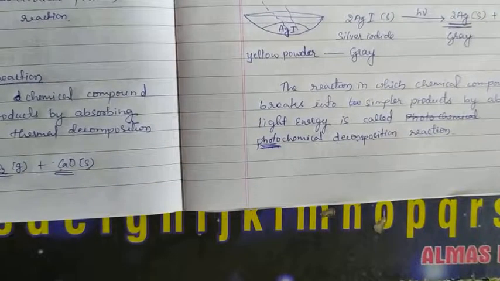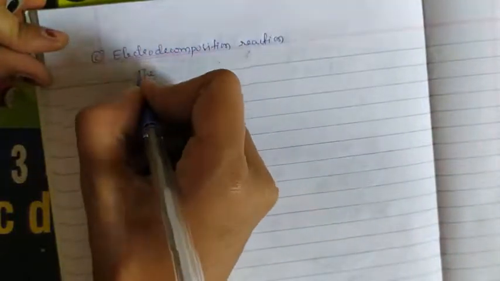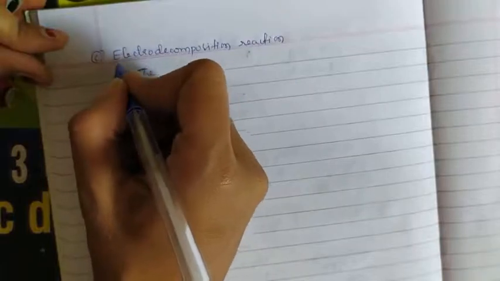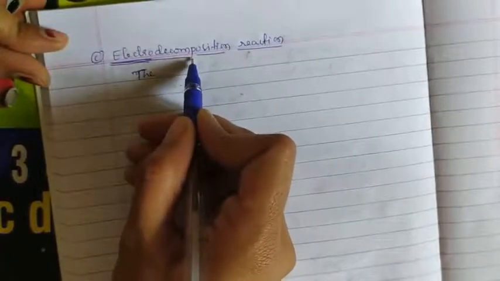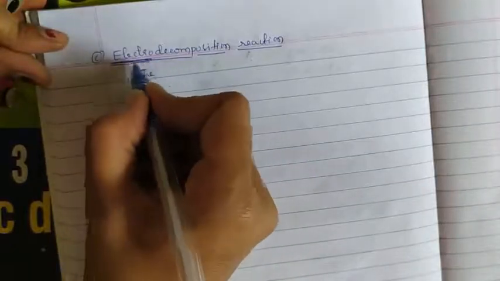Okay, now next we will study the electrodecomposition reaction. What is an electrodecomposition reaction? See here in the word electrodecomposition, electro means electricity. Here decomposition of the chemical substance takes place by absorbing electric energy.